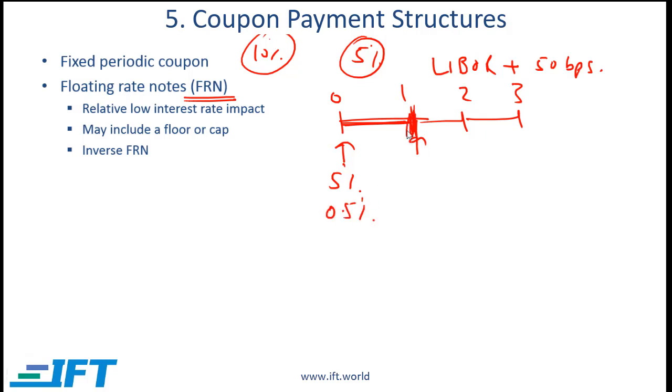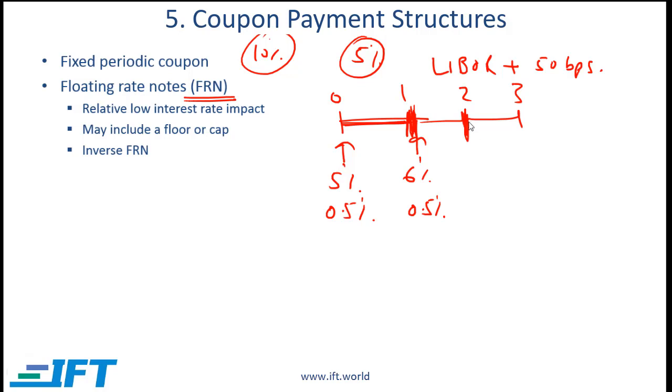The coupon payment at the end of period 1 will be 5.5% of par value. Then let's say that here LIBOR goes up to 6%. The coupon payment here would be 6% plus the 0.5%. So the coupon payment would be 6.5% and so on.